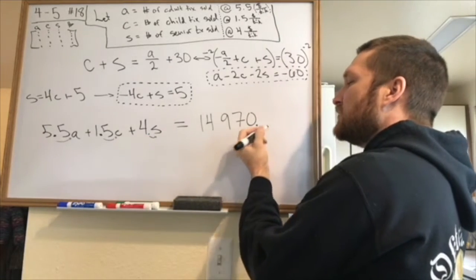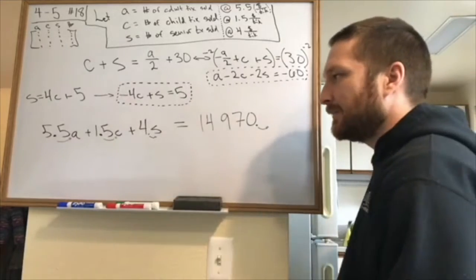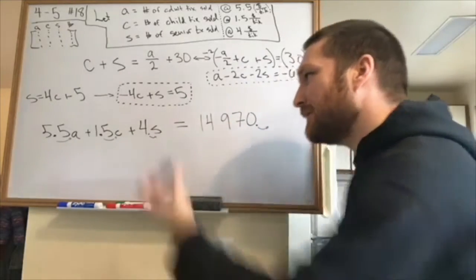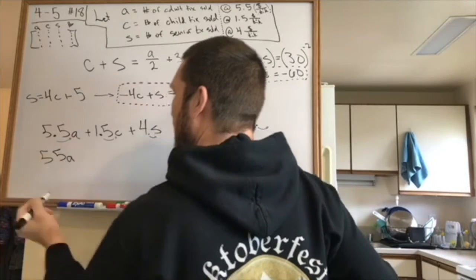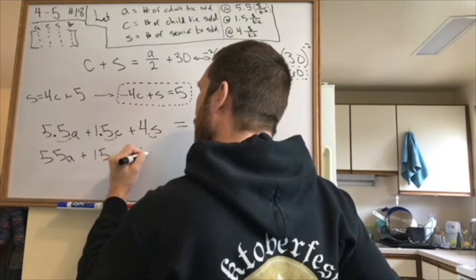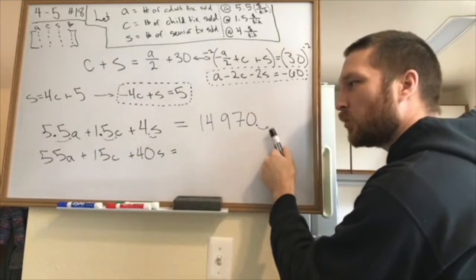I do that by multiplying everybody through by 10. I'm not even going to write that down. I just think about it as if you were to multiply everybody by 10, it would move that decimal place 1 over, giving me 55A plus 15C plus 40S equals, I need to pick up 1 more 0 over here.